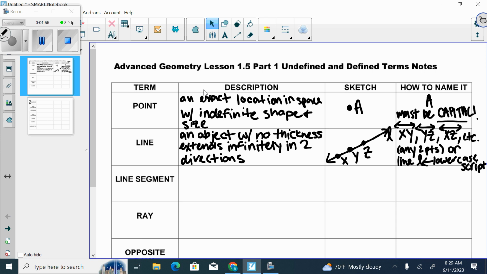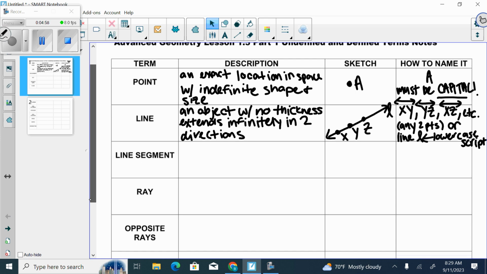A line segment, we already talked about that on Friday, right? We said it's basically a part or a piece of a line that has two endpoints, and all the points that are in between those endpoints.